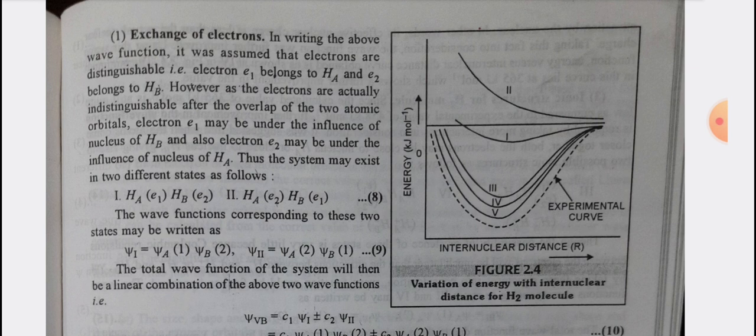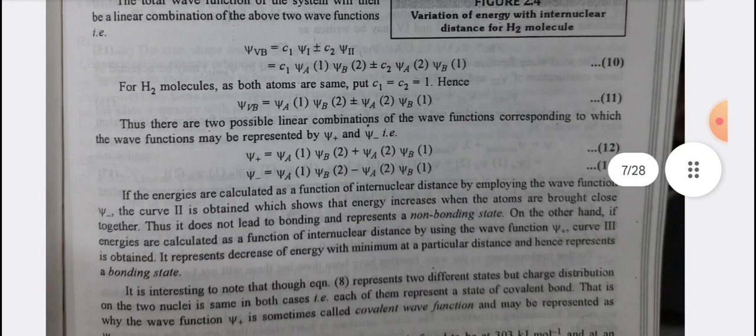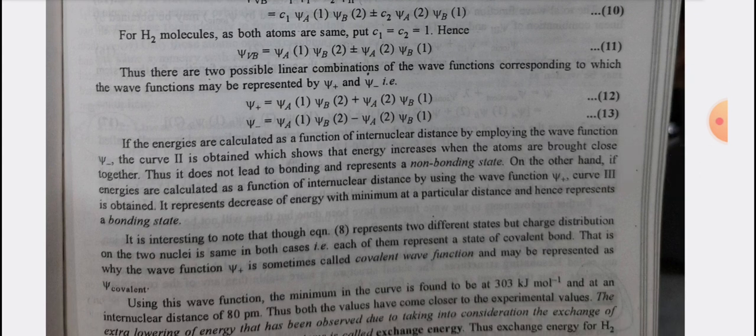Equation 8. The wave functions corresponding to these two states may be written as psi 1 is equal to psi A1 psi B2, and psi 2 is equal to psi A2 psi B1. Equation 9. The total wave function of the system will then be a linear combination of the above two wave functions, that is, psi is equal to C1 psi 1 plus or minus C2 psi 2, which is equal to C1 psi A1 psi B2 plus or minus C2 psi A2 psi B1.